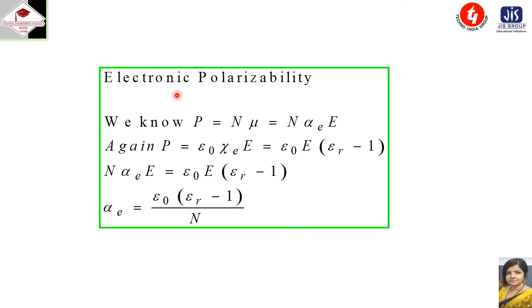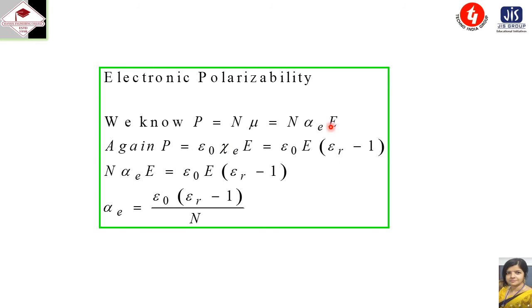Now another expression of electronic polarizability. We know this expression, P equal to N mu, we have already discussed, and mu equal to alpha E into E, as it is electronic polarizability, so we are writing N alpha E into E. Again P equal to epsilon 0 chi E into E, that expression we know from the susceptibility, and the value of chi E we are writing as epsilon r minus 1.